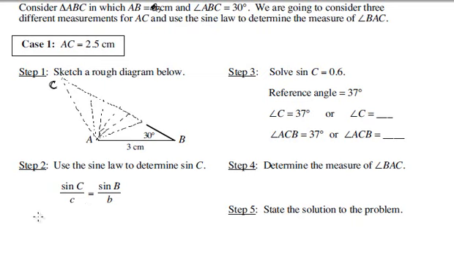Well, the way they've set it up, we can say that sine C over the side across from it, 3, equals sine B, as in sine 30, over the side AC, and they've told us it's 2.5 centimeters.